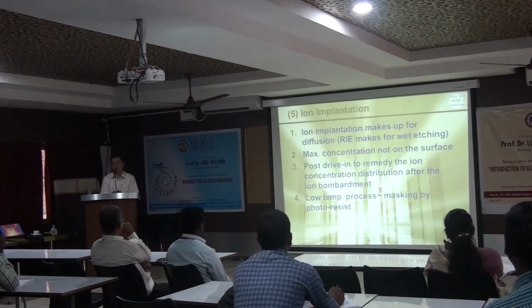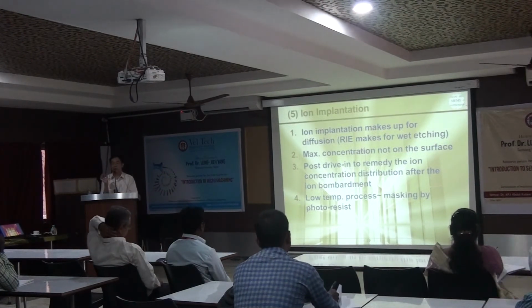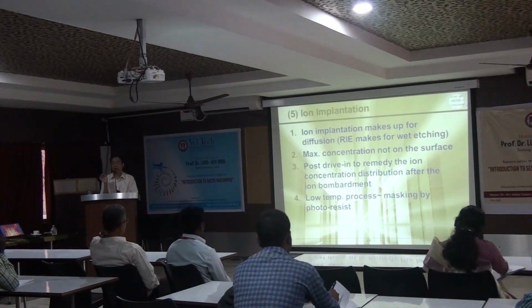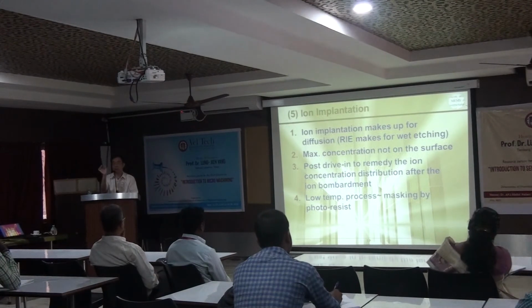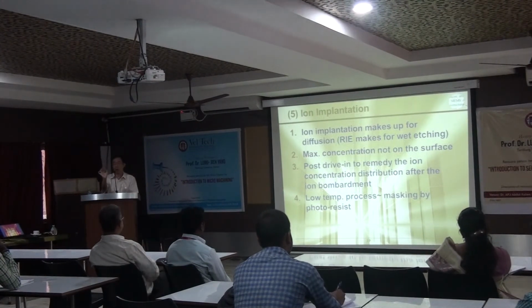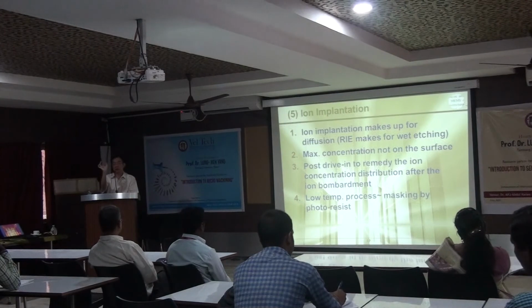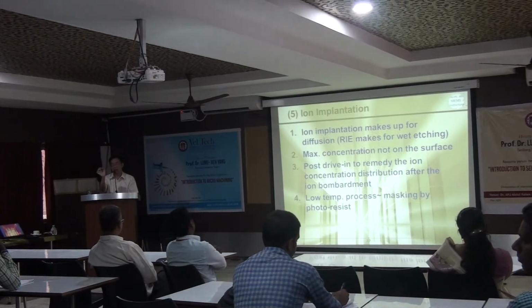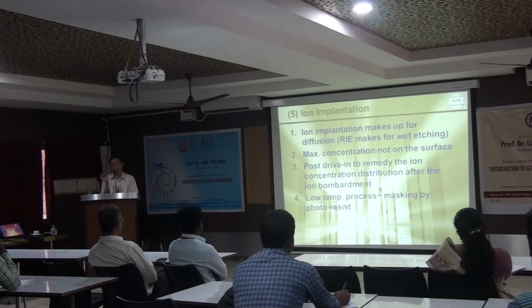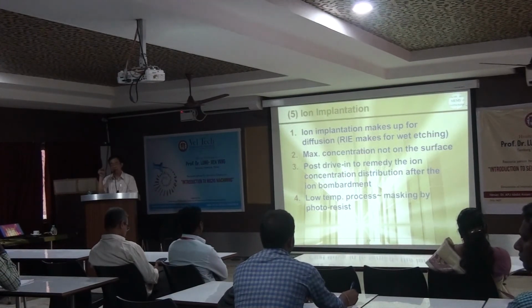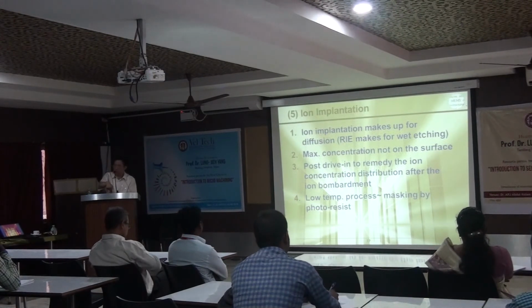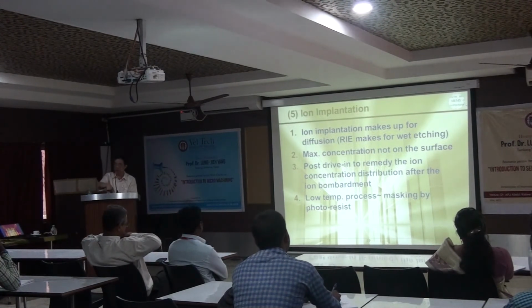And what is ion implantation? Ion implantation means we turn our dopant into the configuration of ions. For example, boron. We use boron ions. We can charge them, so we can accelerate them in the electrical field. So we can accelerate like a bullet, like a missile, touch your silicon surface, penetrate, or even go deeper.